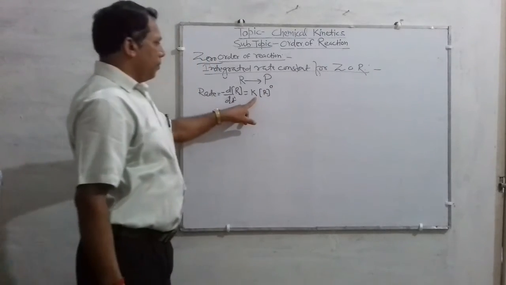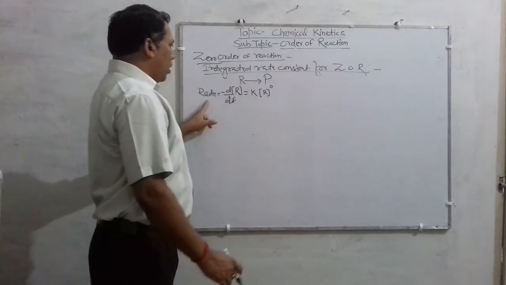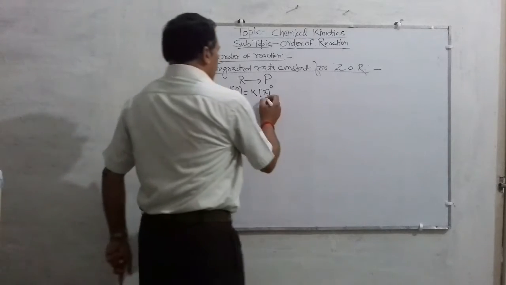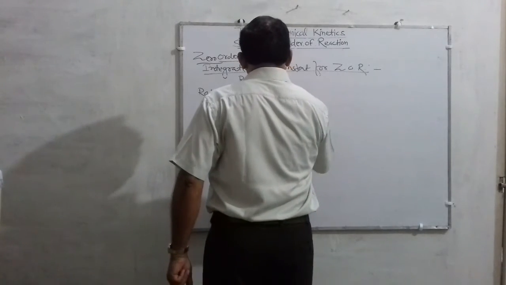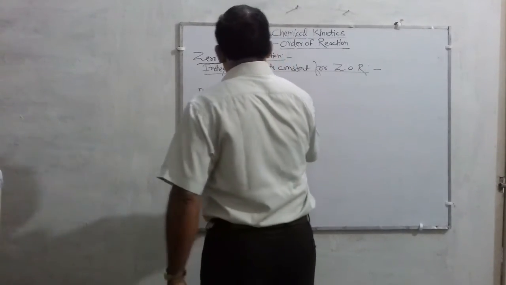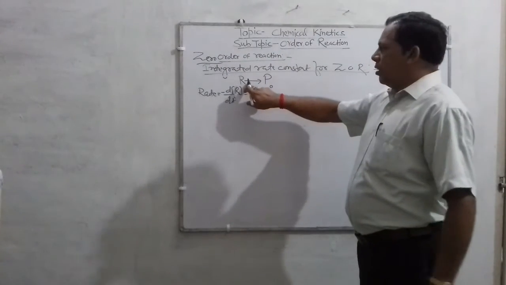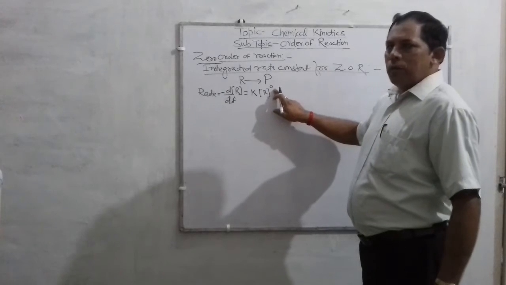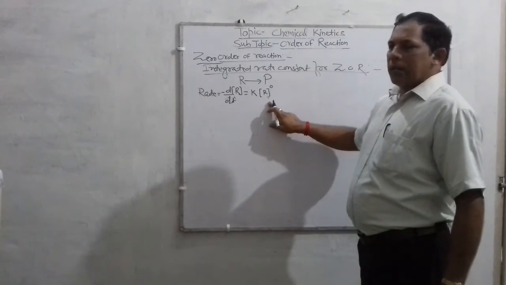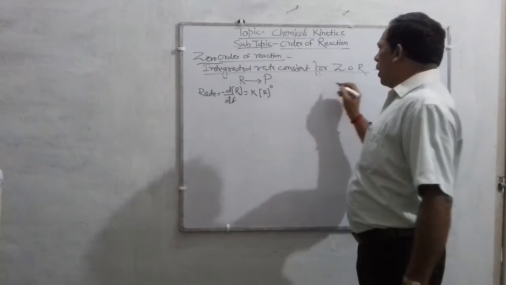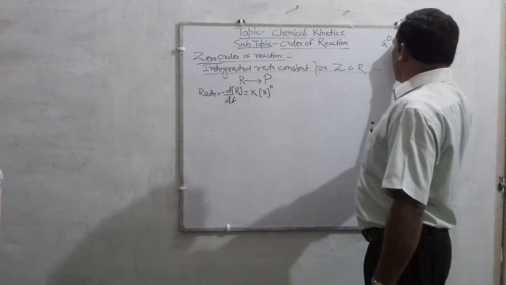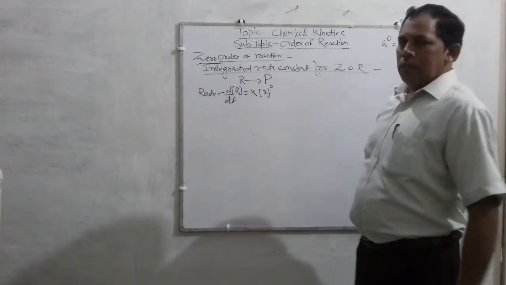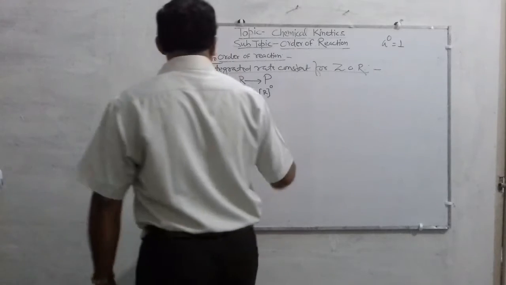This one. Okay, and according to the definition, the rate doesn't depend on the concentration of reactant, means its power is 0, and you know mathematically, R to the power 0, or any quantity raised to the power 0, has value 1. Am I right?